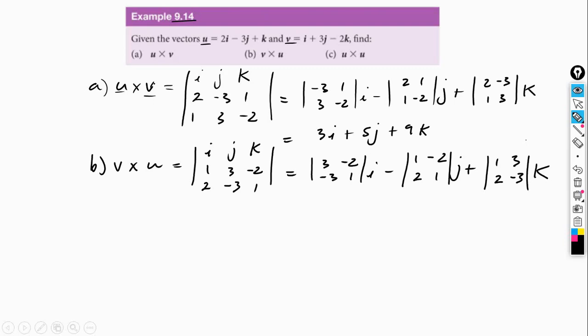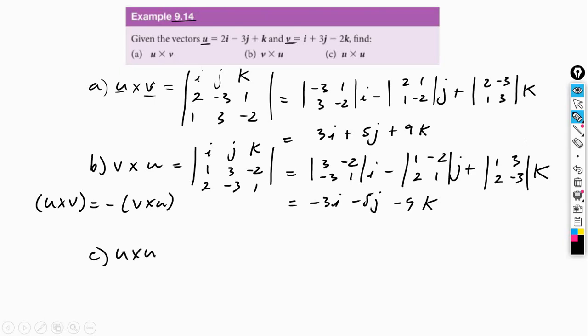If we do this, we're going to get -3i, -5j, and -9k. Now notice that we get a relationship here, and that is that the cross product of u times v is equal to minus the cross product of v times u. Then for c, they want us to find u times u.